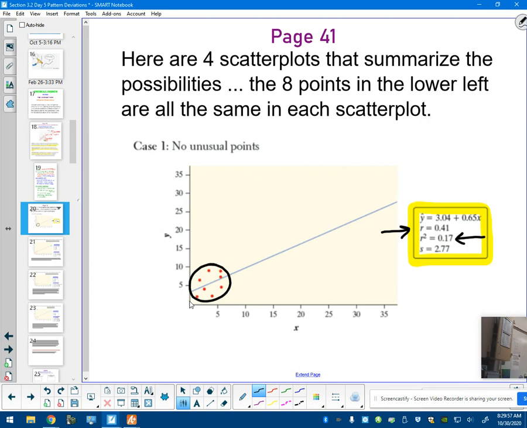This right now has no unusual points, and it is a weak association. That's case one.